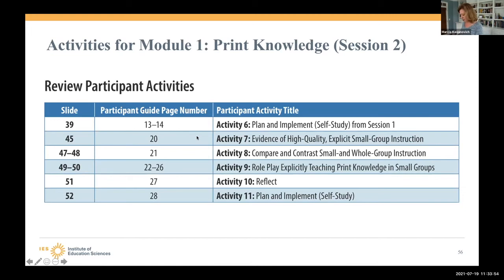So turn to page 20. And again, you're just going to skim these activities for this session, just to give you a little idea of what we're doing in session 2. So evidence of high quality small group explicit instruction. And then activity 8 is on page 21, and that's compare and contrast small and whole group instruction.